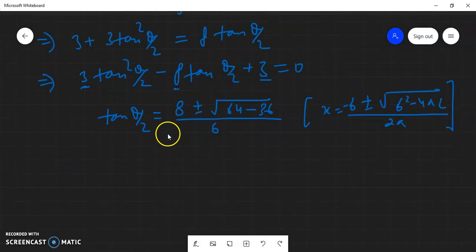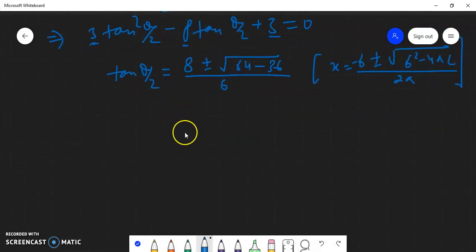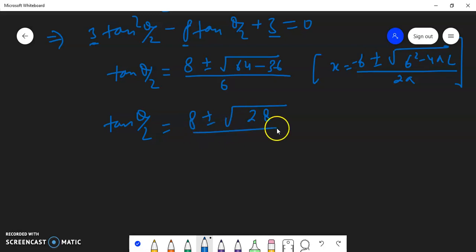Alright, so tan theta by 2, if I simplify this, comes to 8 plus minus square root of 64 minus 36, by 6. 64 minus 36 is 28, which can be written as 4 into 7, so 2 will come out.